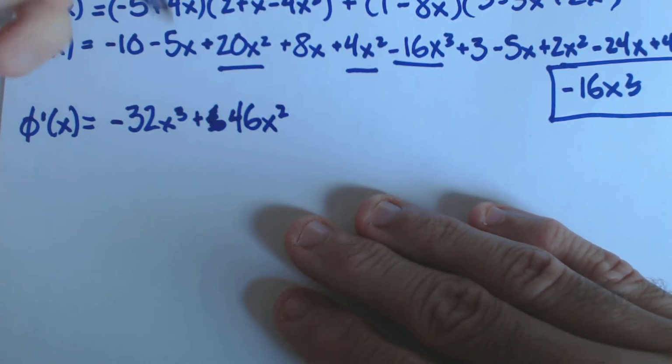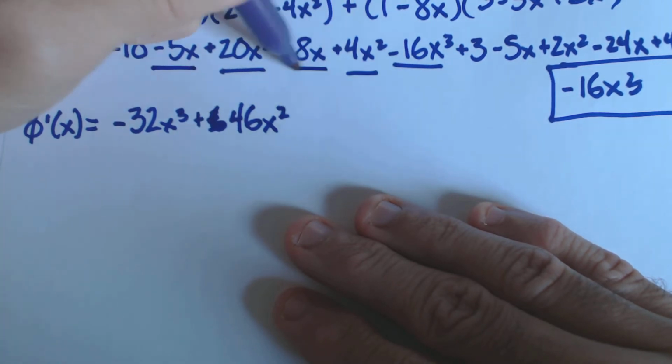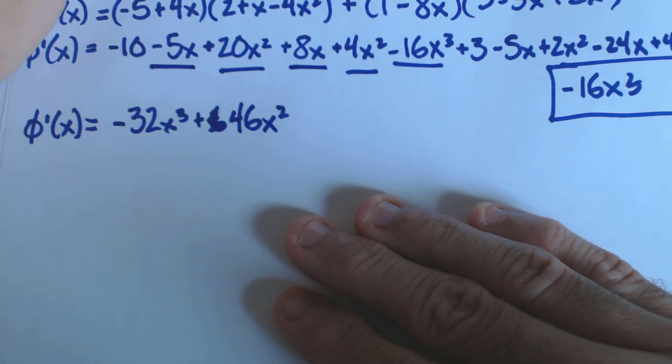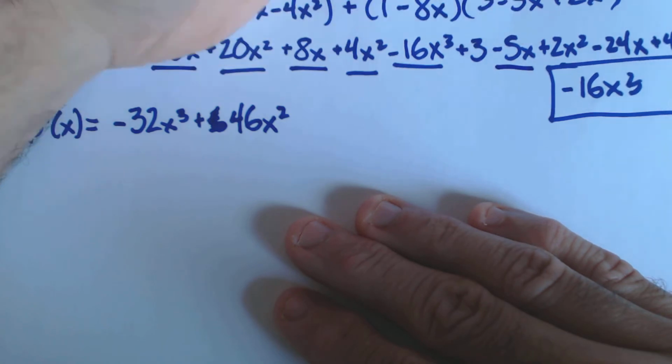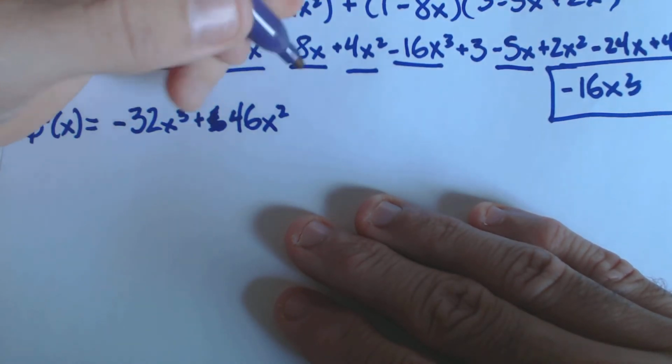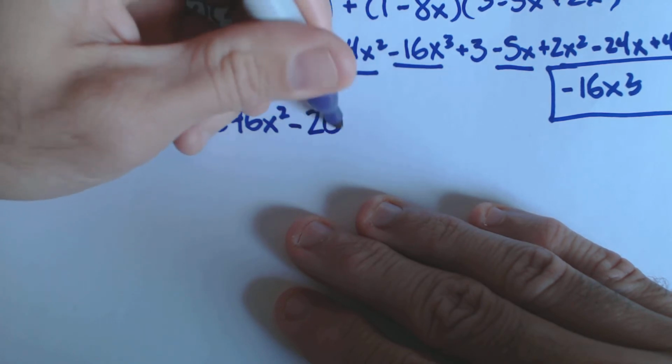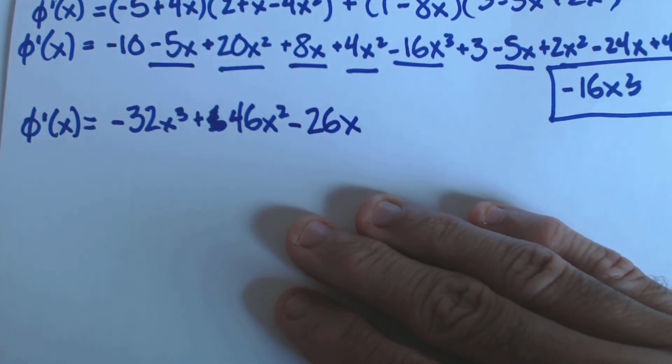Now let's look at the x terms. We have negative 5x plus 8x, so that's 3x. Minus 5x is negative 2x. Minus 24x is negative 26x. And then finally, terms with no variables. Negative 10 plus 3 is negative 7.